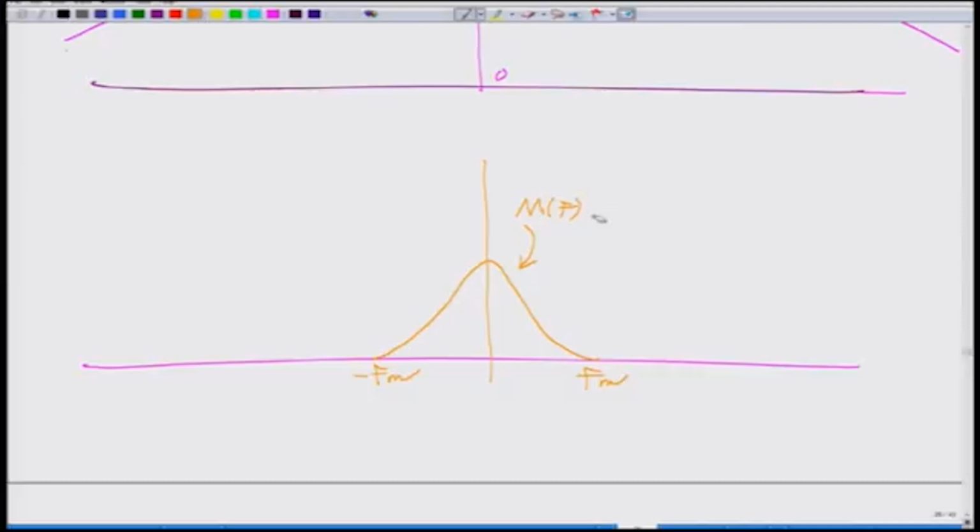Let us say we are plotting simply the magnitude spectrum, magnitude M of f times T sinc f T, and this will be from Fs minus Fm to Fs plus Fm.